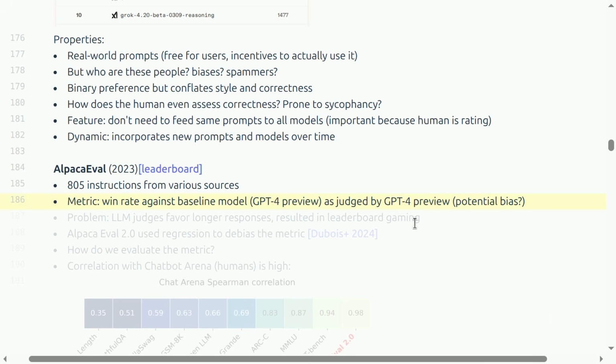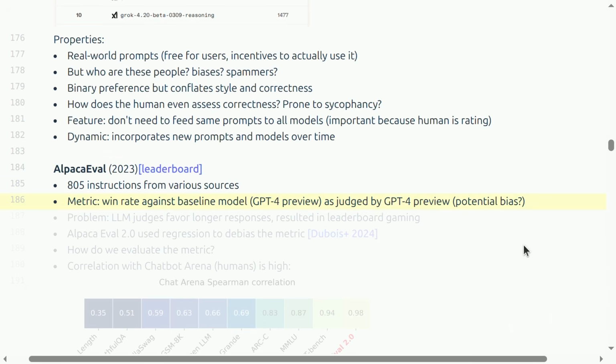So you have a model. AlpacaEval says, I'm going to generate for a prompt, and generate using, let's say, the baseline model, GPT-4 preview at that time, and then judge using GPT-4 preview which one is better. So immediately this raises a question of potential bias, but let's put that aside for now.